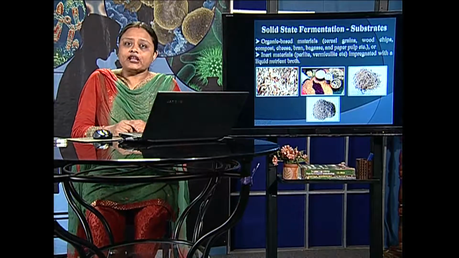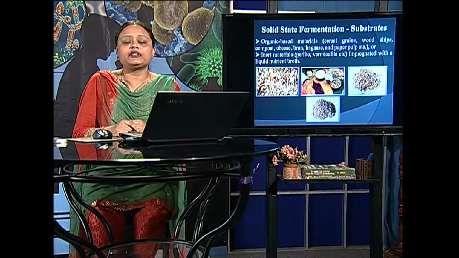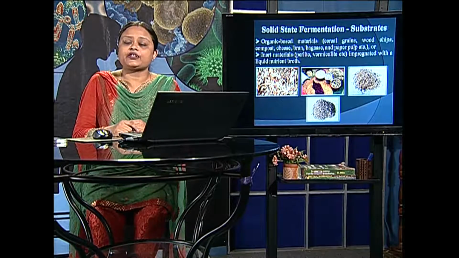Now, for understanding solid state fermentation, we'll first see what are the substrates that we are using. Meaning the matrix will be made up of certain materials. At times the material can be inert, or at times the material can be nutrient in nature.